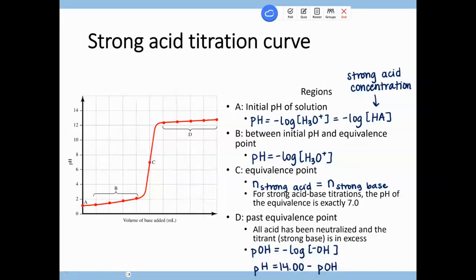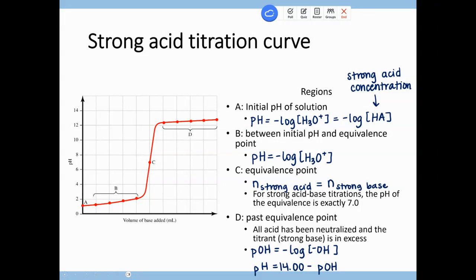For the strongest acid that we can have with a strong base titration, the pH is 7. And if we have a weaker acid, the pH at the equivalence point will be higher than 7. So if we're comparing two weaker acids, the stronger one's pH at equivalence point will be closer to 7, so lower.